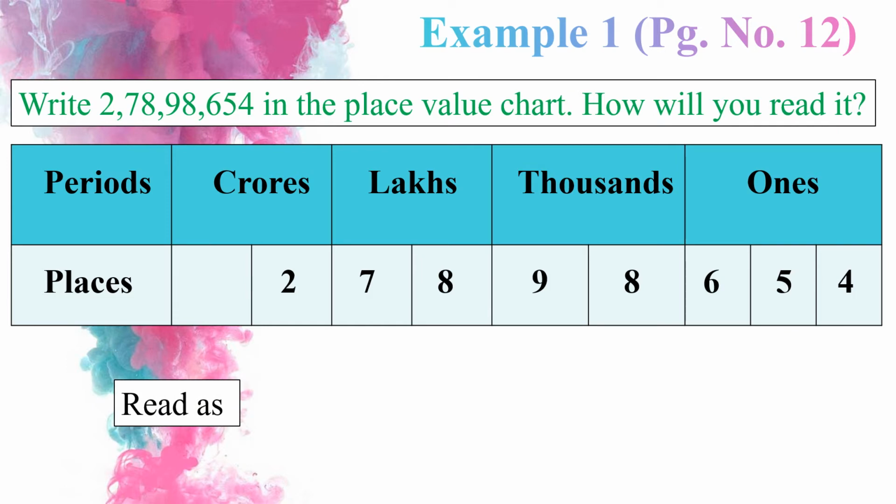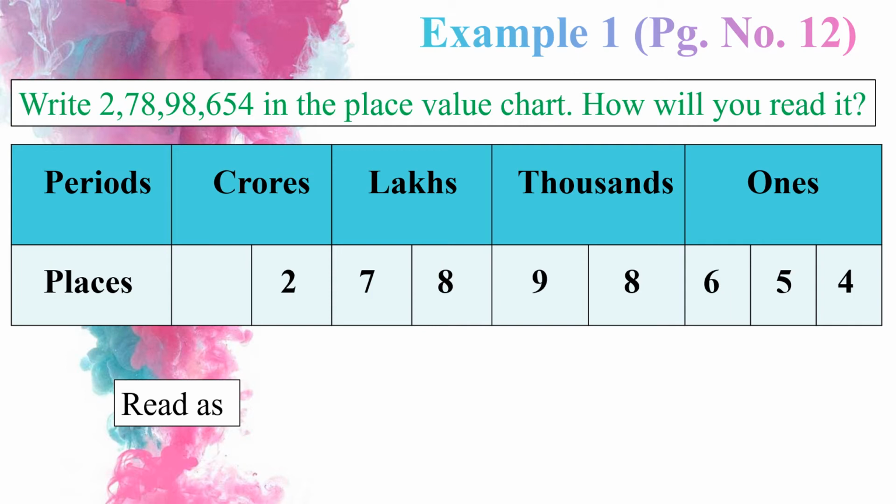How to read the number? We need to read the number based on the periods. Under crore we have only 2. Therefore, we need to read it as 2 crores. Under lakh we have 78. Therefore, we need to read it as 78 lakh. Under thousands we have 98.